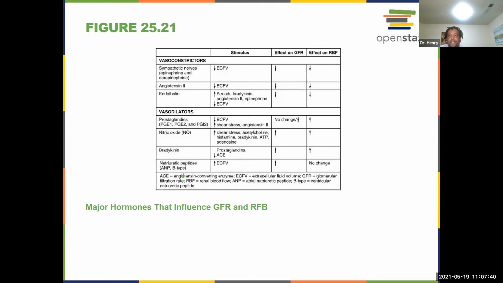Then we have the natriuretic peptides. Those guys are going to cause an increase in your ECF volume, and it's going to cause an increase in your GFR, but it isn't going to have an effect on your RBF.